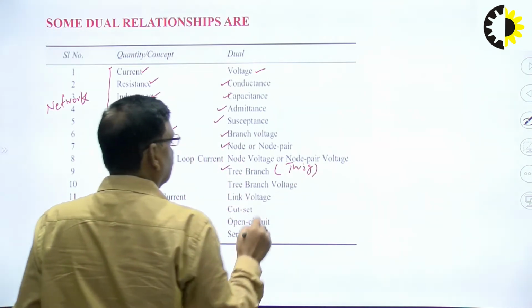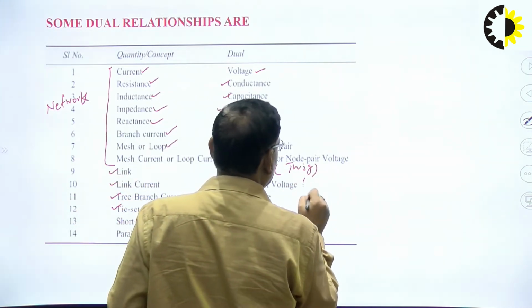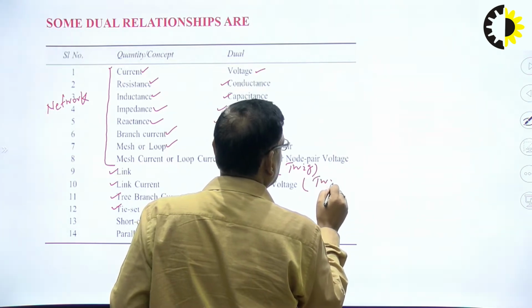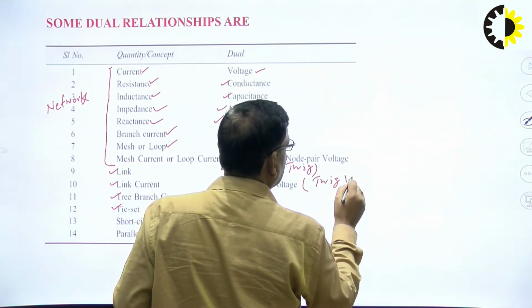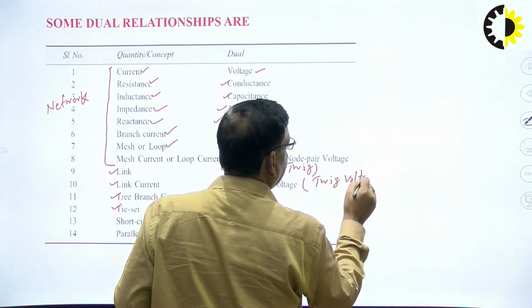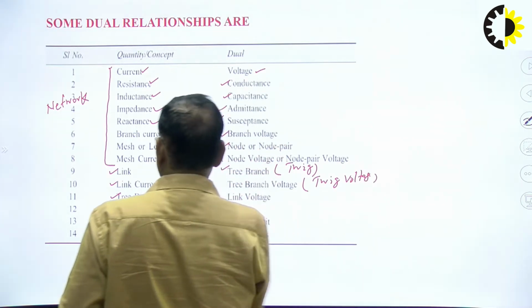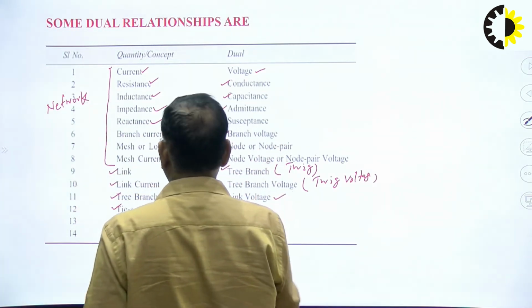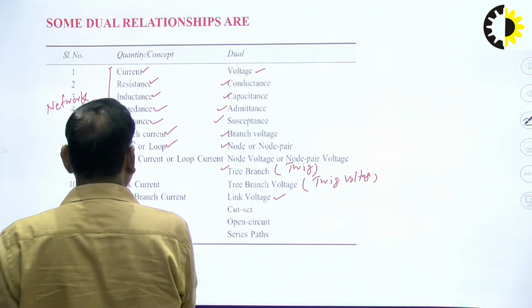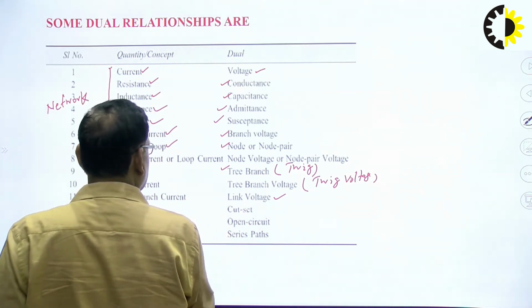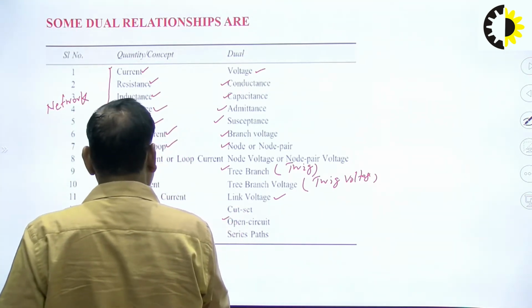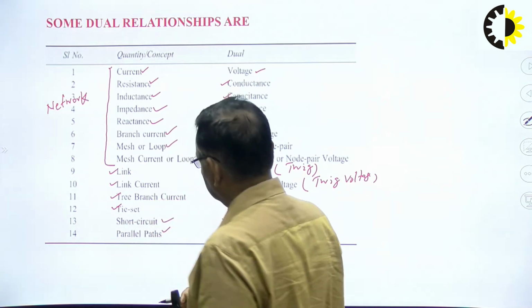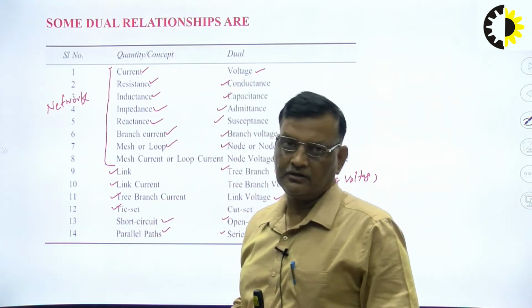Then link current and tree branch voltage, that is the twig voltage. Then tree branch current and link voltage, the twig current and link voltage, tie set and cut set, short circuit and open circuit, parallel and series.